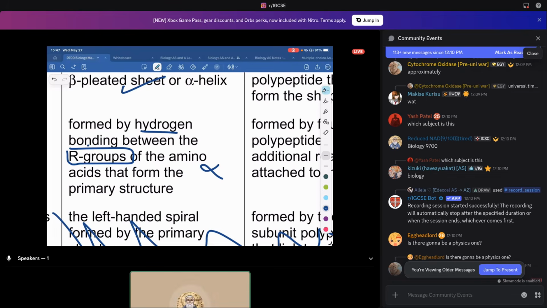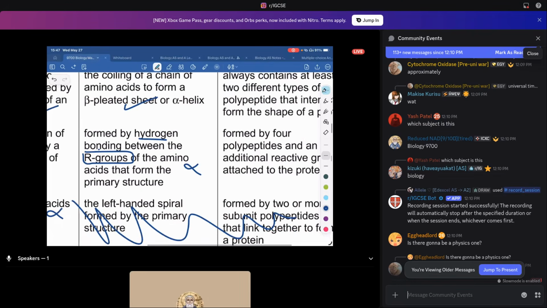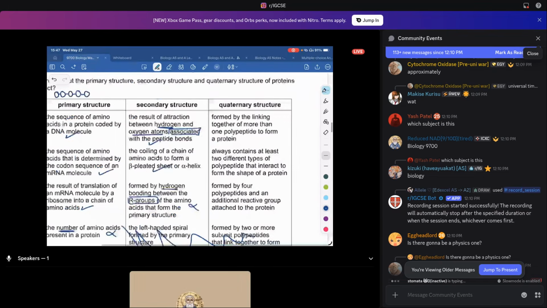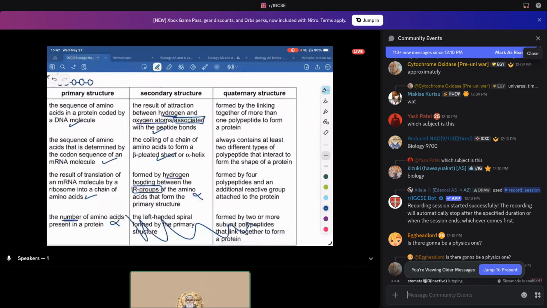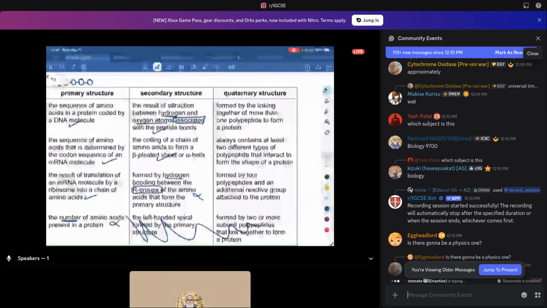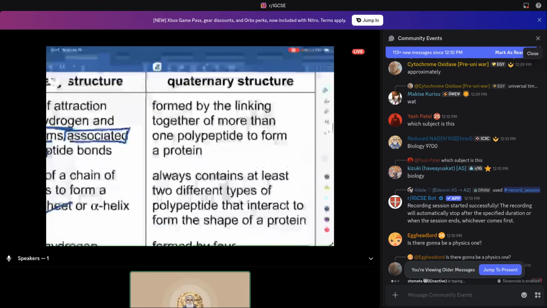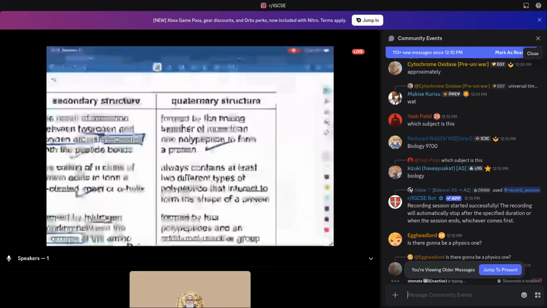R groups only begin in the tertiary structure, and quaternary structure is more than one polypeptide. So at least, okay, by the linking together of more than one polypeptide, sure.